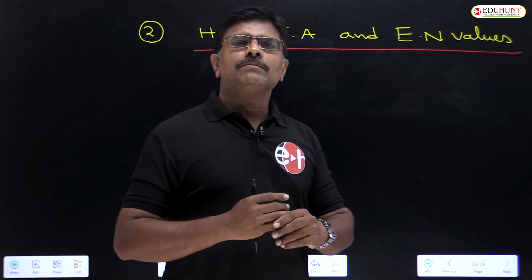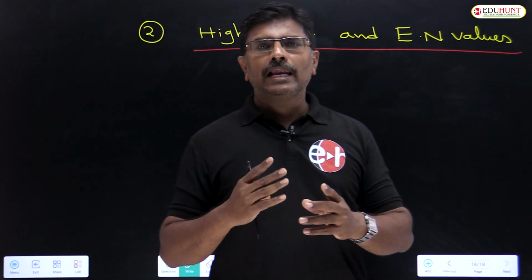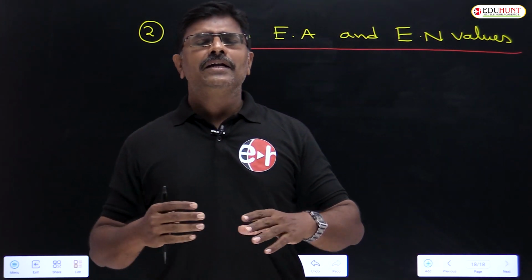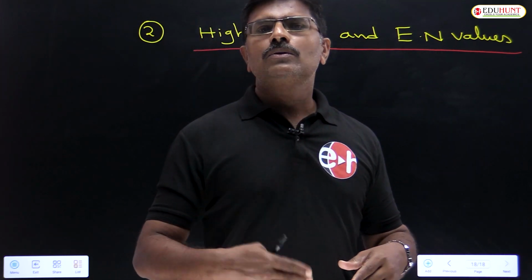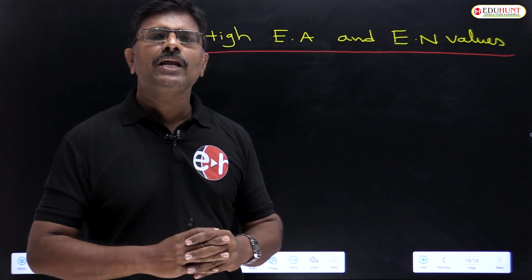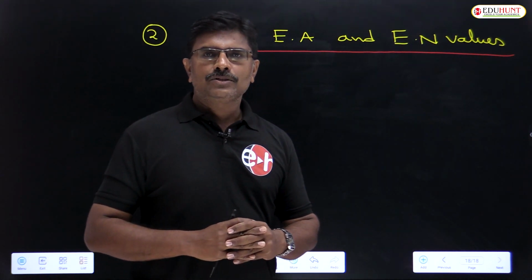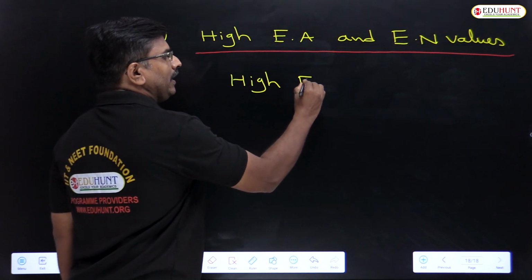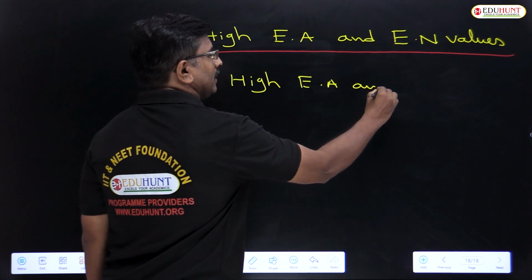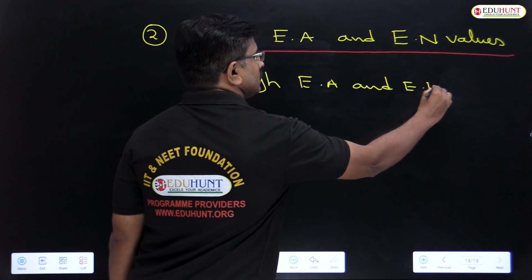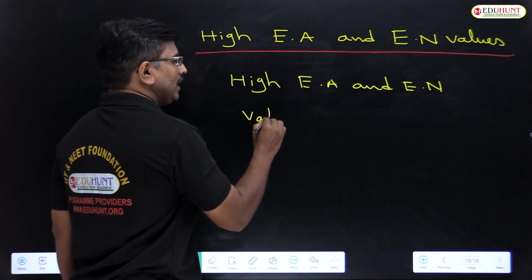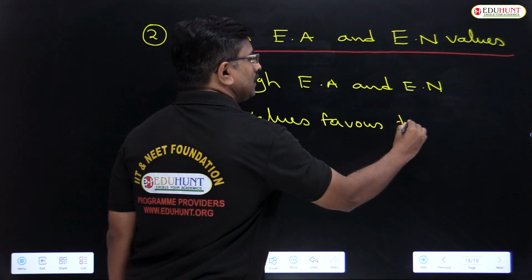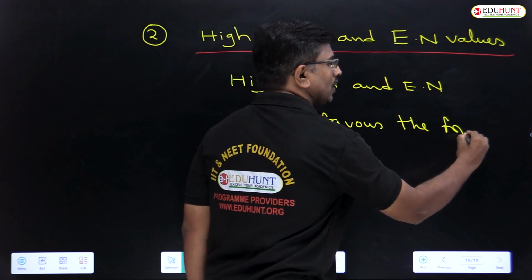Any atoms having higher values of electronegativity and electron affinity can form anions very, very easily. Understood? So high EA and EN values favor the formation of anion.